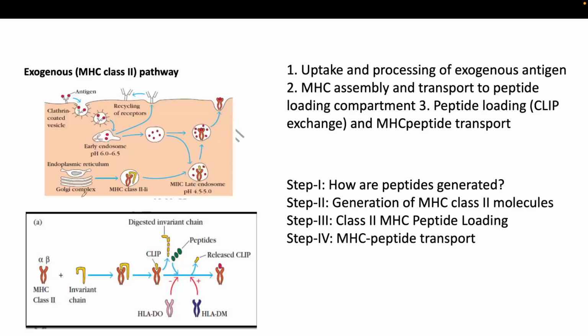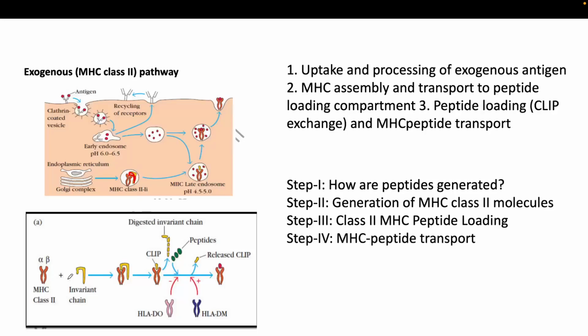Meanwhile in the endoplasmic reticulum there is the MHC class 2 molecule, which is already bound with the invariant chain. This yellow color which you are seeing is the invariant chain.